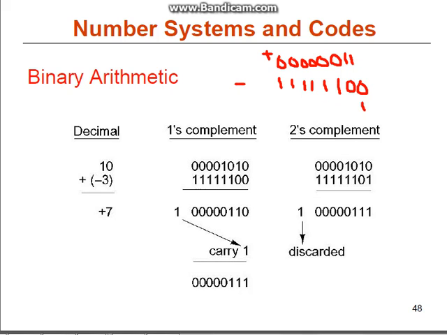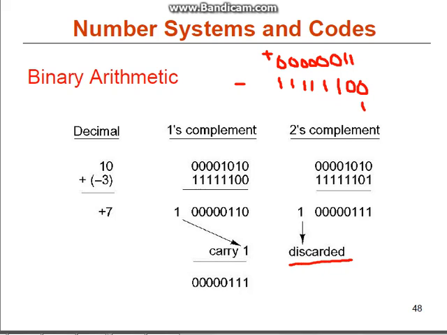One thing for 2's complement is that because you start with 8 bits, sometimes when you have everything added together, you have an extra bit on the leftmost side. What do you do to it? You discard it. So that's all about it. 2's complement is very simple.